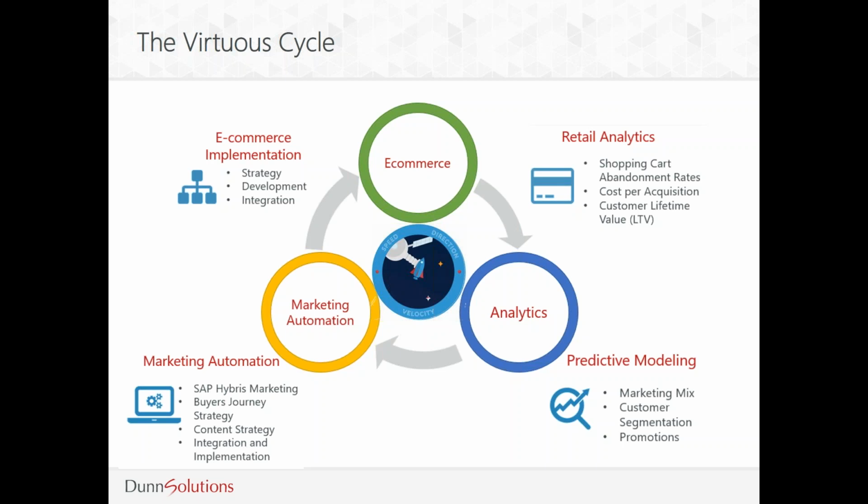Whether it's our analytics services, descriptive or more predictive and prescriptive modeling, those services provide the direction to our clients, and then our marketing automation services provide the speed to market, and finally our expertise in e-commerce implementation closes the loop to this perpetual cycle.